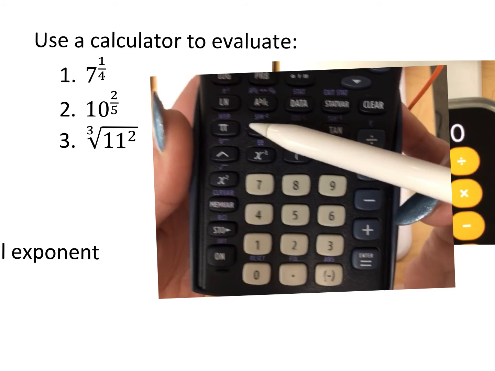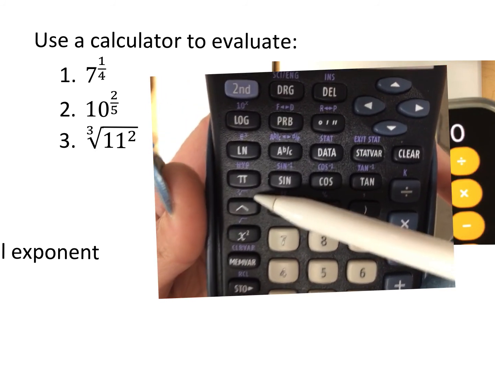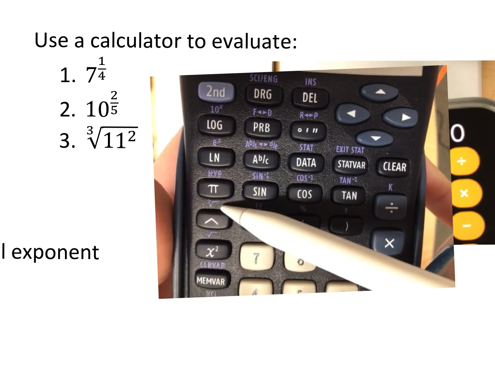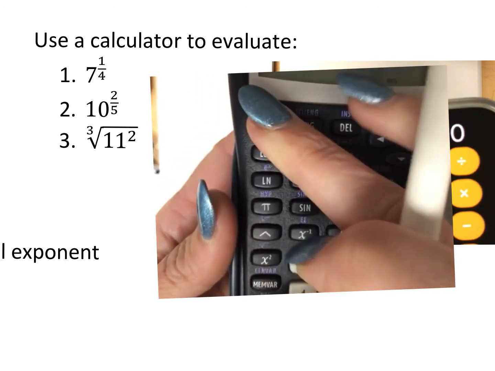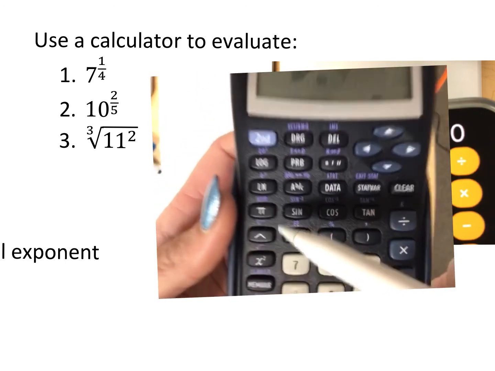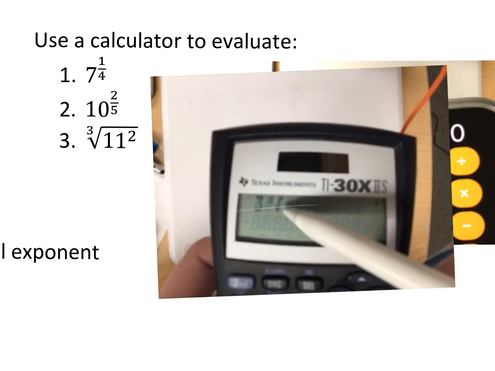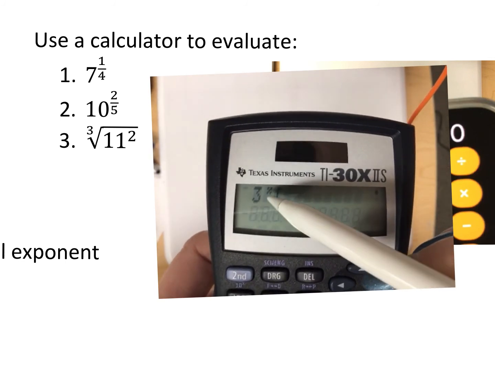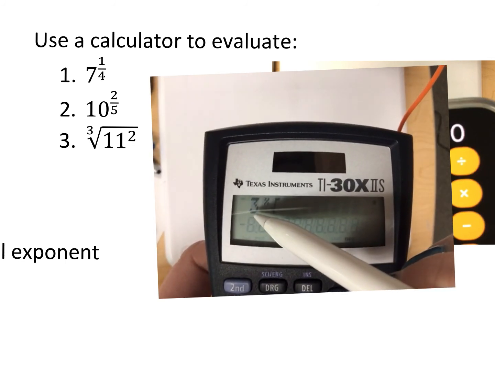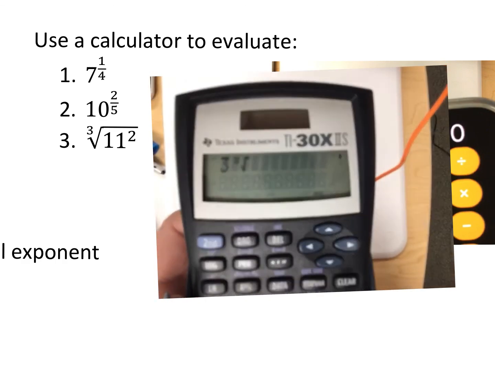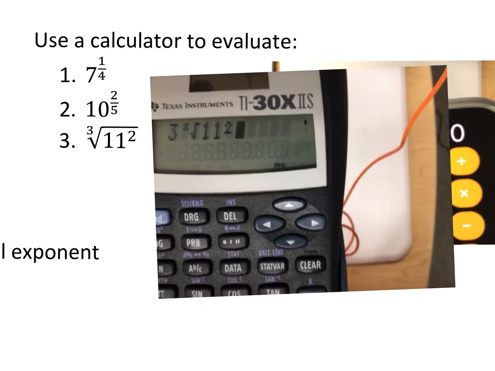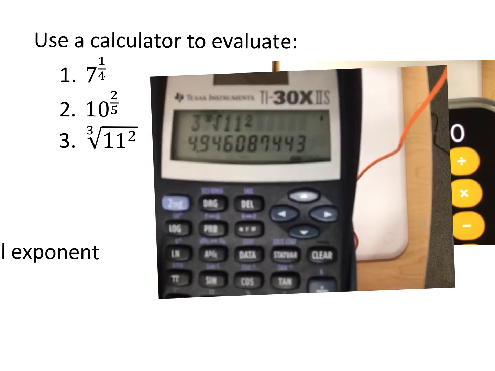Can you see it? Barely. You can see the X in the root, right? So we're going to hit second, our caret button. And notice in here it says X root. Well, that's telling it this X is a 3. And then tell it what you want to put underneath it, 11 squared. Hit enter.